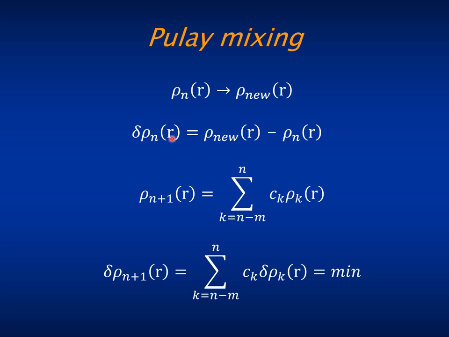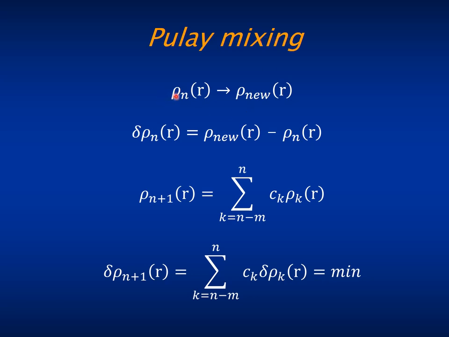Another way of facilitating the convergence of the self-consistency cycle is to use a more sophisticated mixing scheme. And what we typically use is the so-called Pulay mixing.